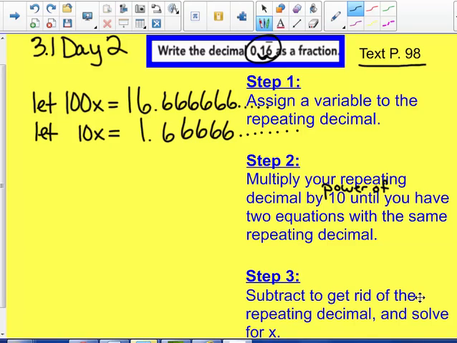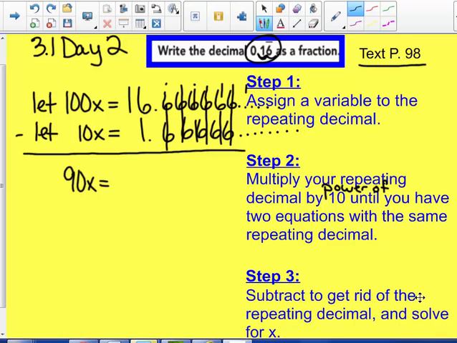So now I'm going to subtract these two equations to eliminate the repeating decimal part. So when I subtract, I get 100x's minus 10x's is 90x's equals, this cancels, this cancels, and they keep canceling. You get the idea.